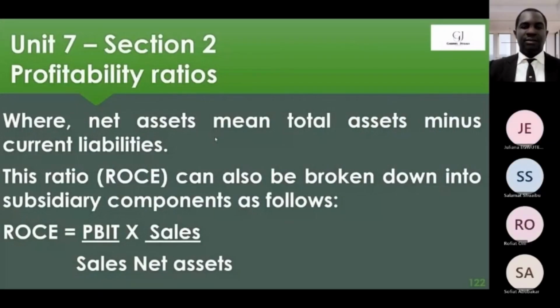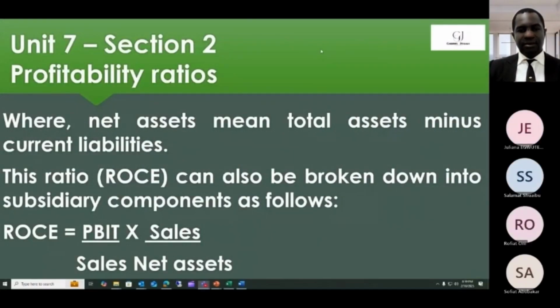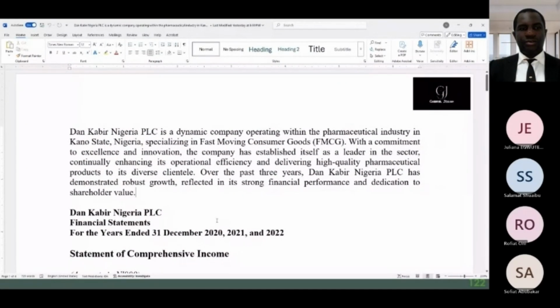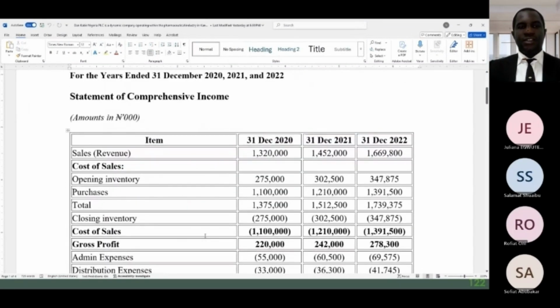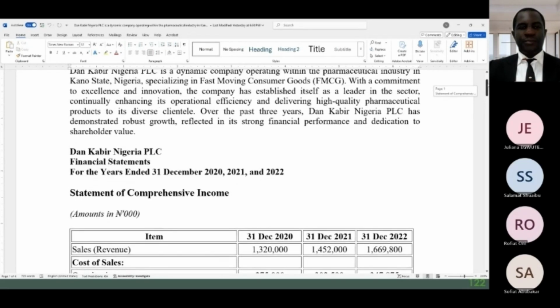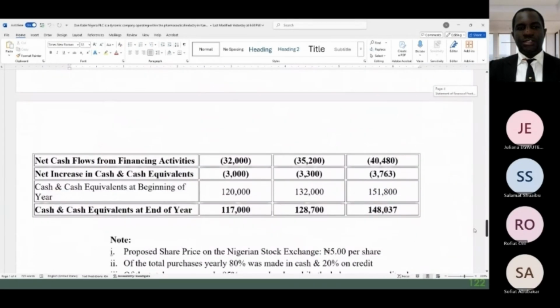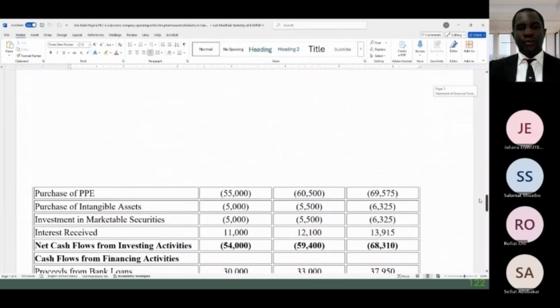Okay, so let's calculate the return on capital employed of this Dan Kabir. If you can see my screen, I shared the question with you. Dan Kabir is an FMCG in the pharmaceutical industry, and it's a 3-year financial statement summary, including the statement of comprehensive income, statement of financial position, and statement of cash flow.